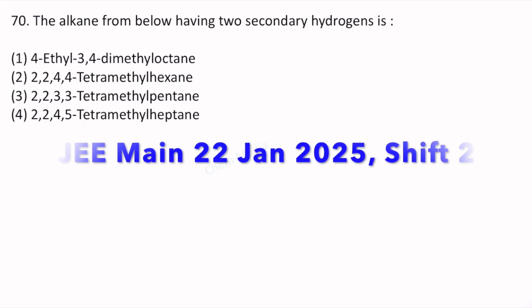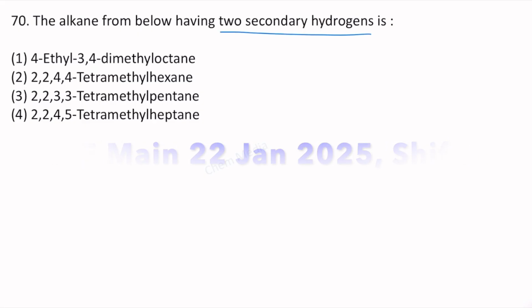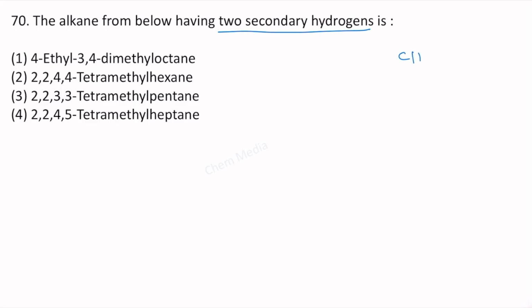The alkane from below having 2 secondary hydrogens is which one? What they mean by secondary hydrogens is those hydrogens that are connected to a secondary carbon. For example, let us take a simple case like propane. Here this carbon atom is secondary, this carbon atom is primary, and this carbon atom is also primary.